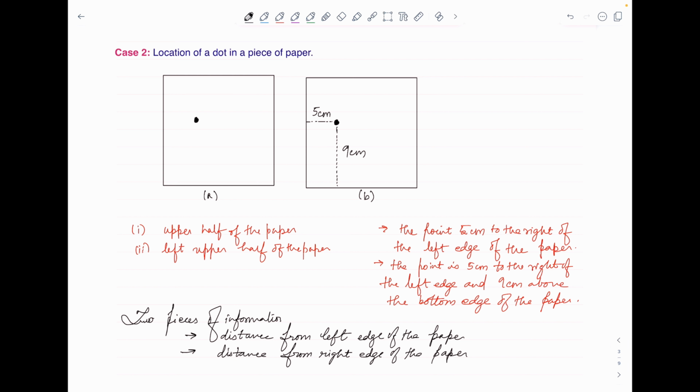So to identify a point, we have to do three things. Fix the origin first.